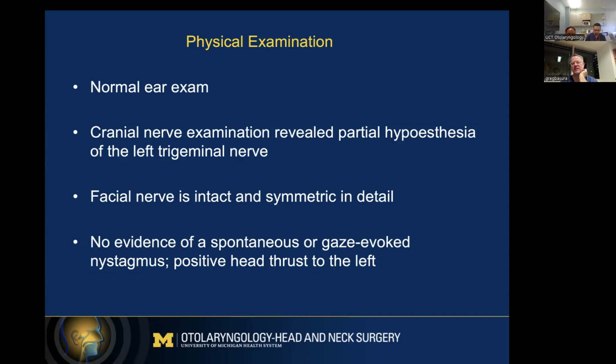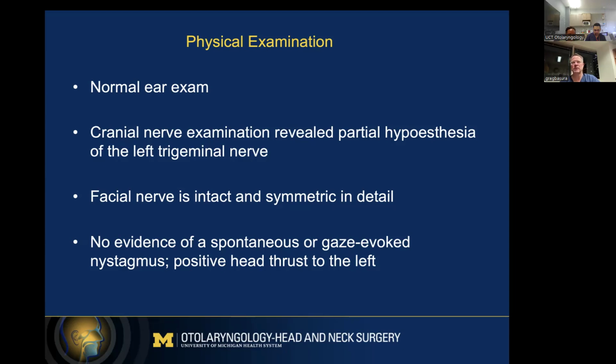With a head thrust test, can you comment about the posterior canal? Can you comment about the saccule? No, you cannot. So you really only can comment about the horizontal canal and somewhat of an index of the superior vestibular nerve, right?